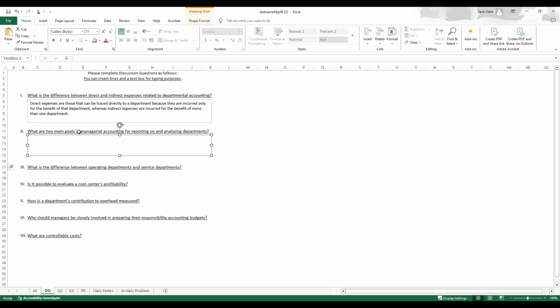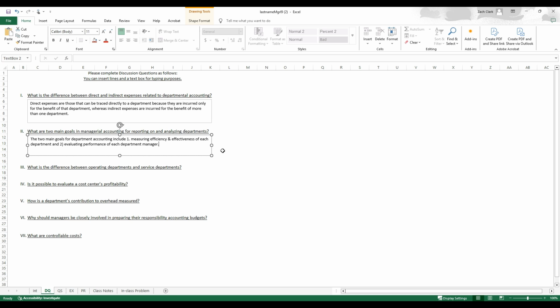Okay, question number 2 asks us, what are the 2 main goals in managerial accounting for reporting on and analyzing departments? And the 2 main goals for departmental accounting include 1, measuring efficiency and effectiveness of each department, and 2, evaluating performance of each department manager.